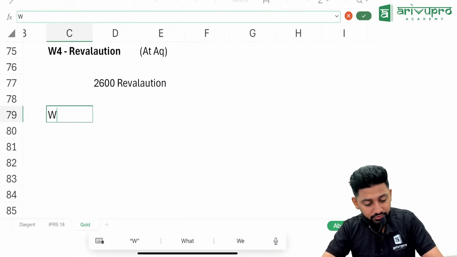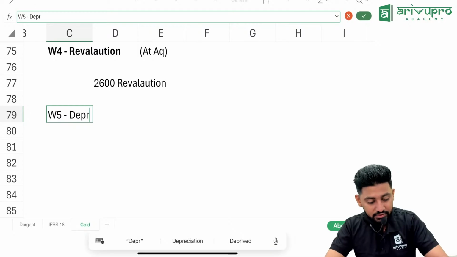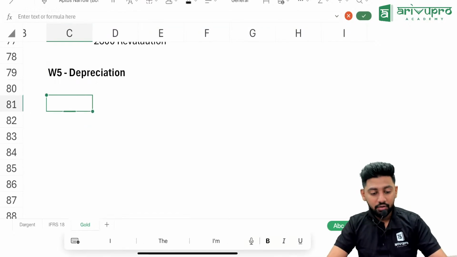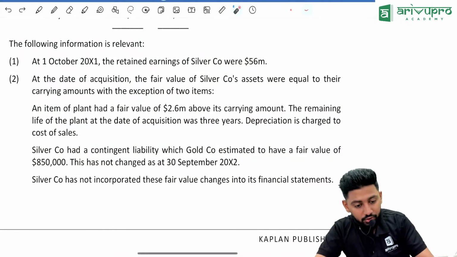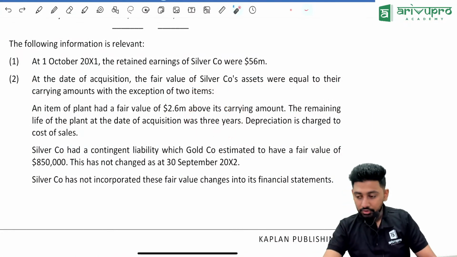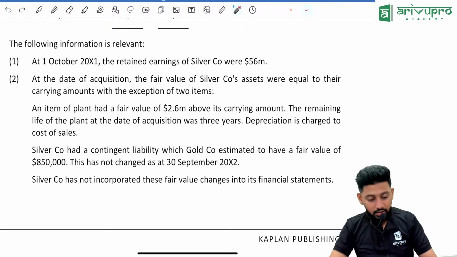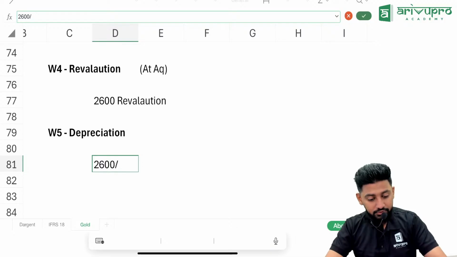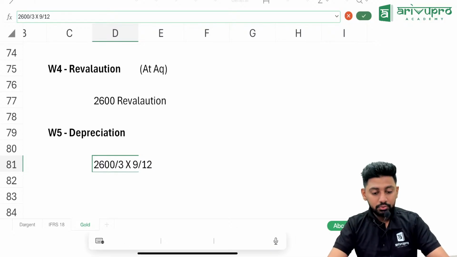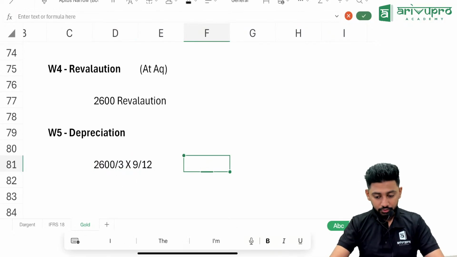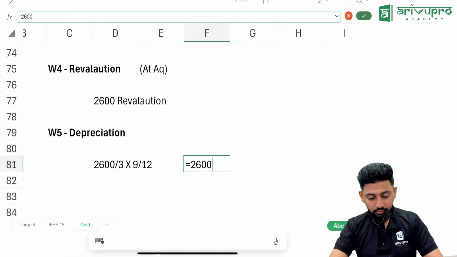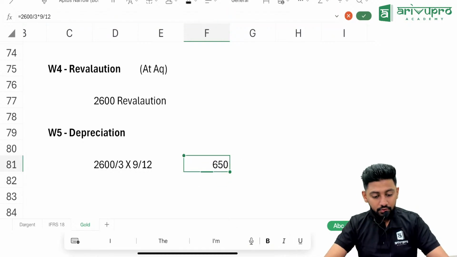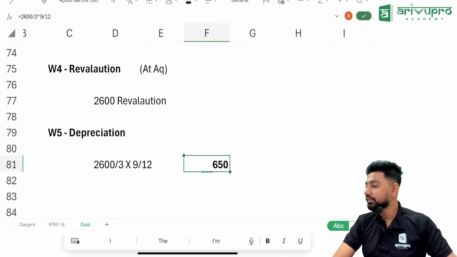Now, out of this revaluation, there is additional depreciation. How much is depreciation? They say for 3 years, right? You are using it for 3 years. Therefore, 2600 over 3 into 9 over 12, which is 650.